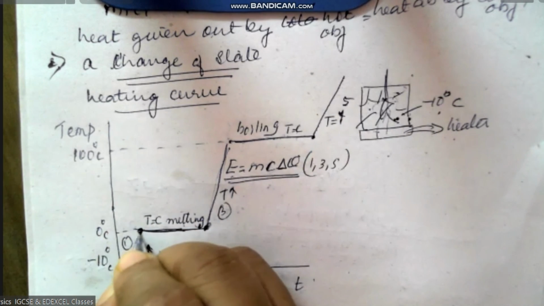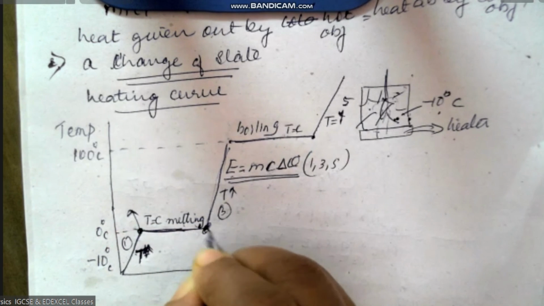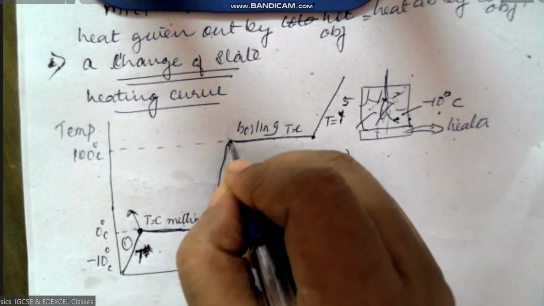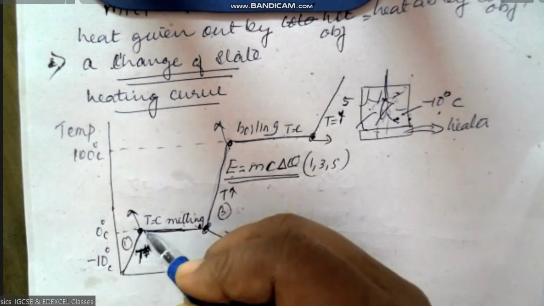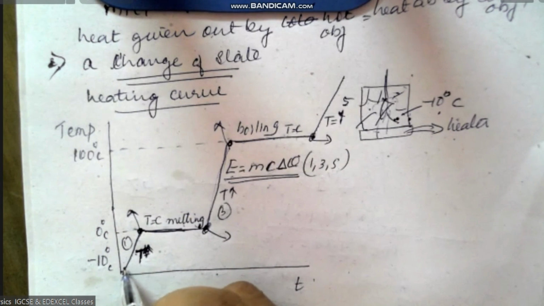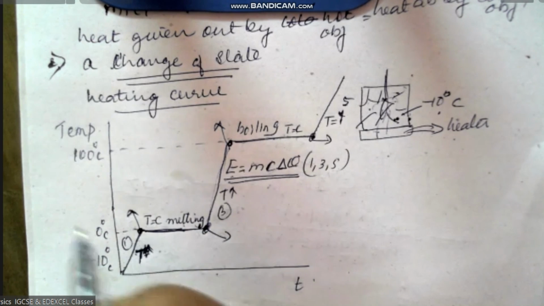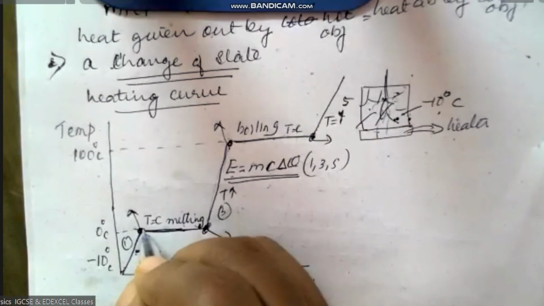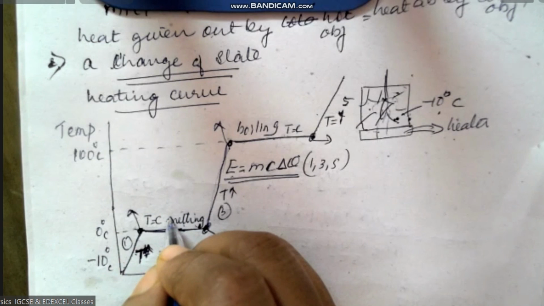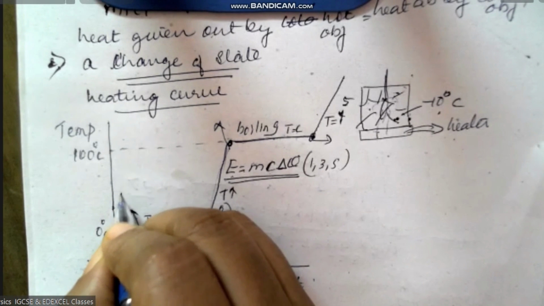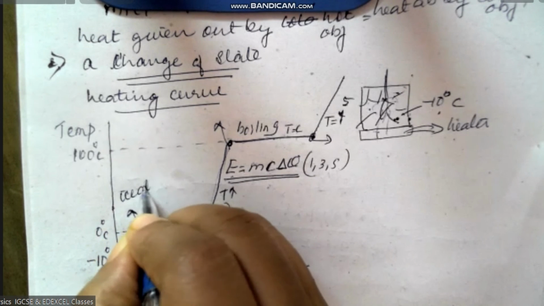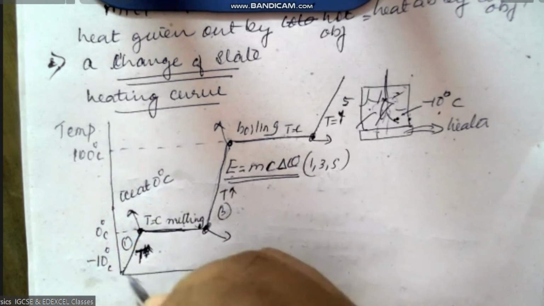Now you have to identify what is at each point. This is ice. This is where ice is beginning to become water. So here we have ice at 0 degrees Celsius.